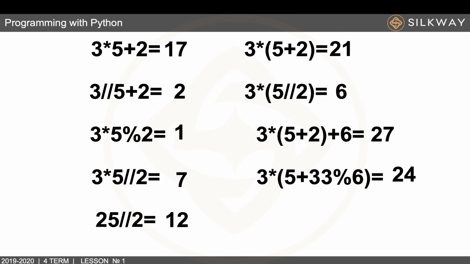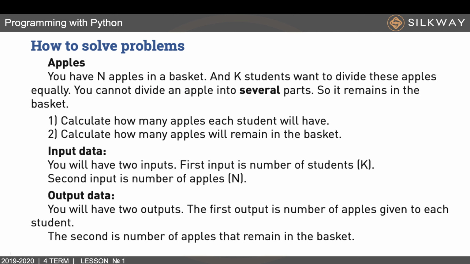So 5 times 6 will be 30, and 33 minus 30 will be only 3. 3 plus 5 is 8. 8 times 3 is 24. Okay, and this one I will not explain, let's just see the answer in 3, 2, 1. The answer is 10. Okay, let's continue.